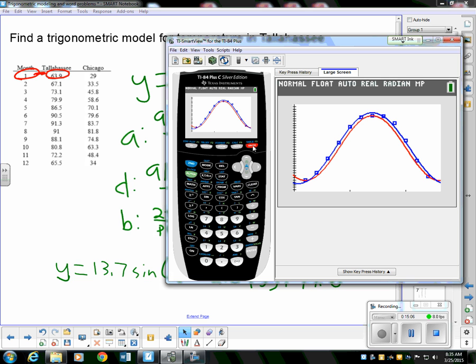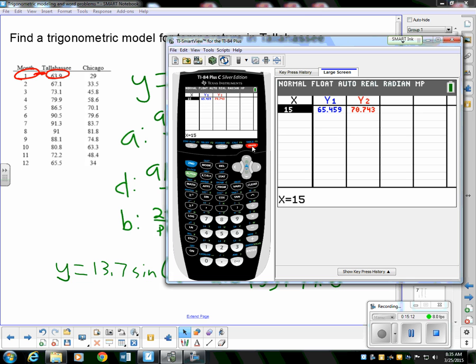It's not going to be perfect, but it's the best we can do with the data. Lastly, you go into the table, and there is a difference of 5 degrees there. Doing it by hand will not get you a perfect one because you're limited in how you're getting the data, but it is a good way to do that.